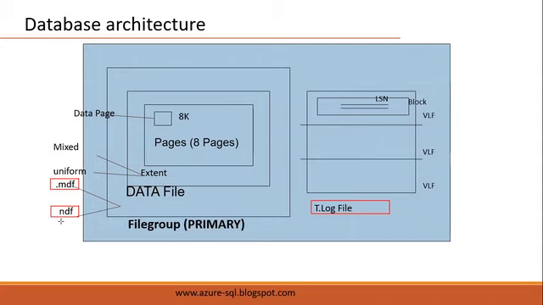Understood, right? Difference between NDF and MDF. MDF has both data plus metadata. It is the primary data file. This is the secondary data file, or next data file.